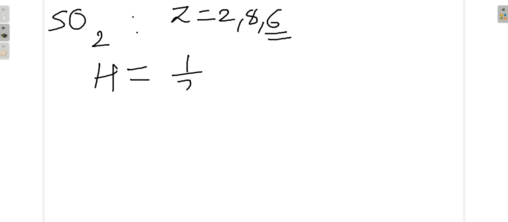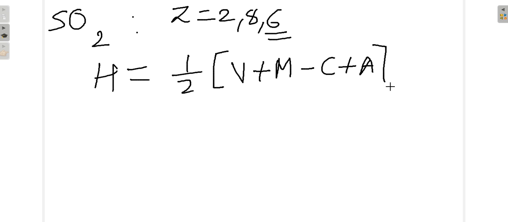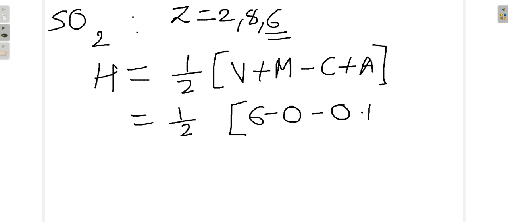It is half of the number of electrons in the valence shell plus the number of monovalent atoms, minus the charge on the cation plus the charge on the anion. The number of electrons in the valence shell is 6. Oxygen is divalent, so there is no monovalent atom. It's a neutral molecule, so the charge on the cation is 0 and the charge on the anion is also 0. 6 upon 2 is 3. 3 means it is sp2.